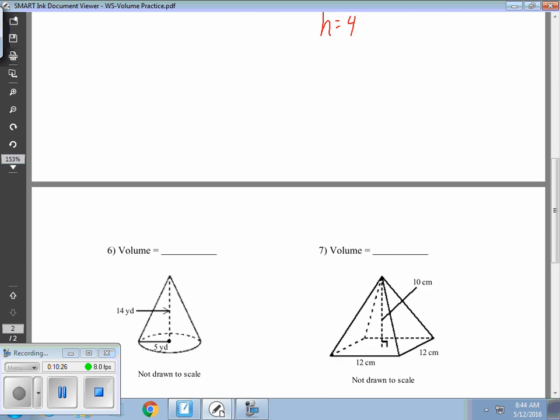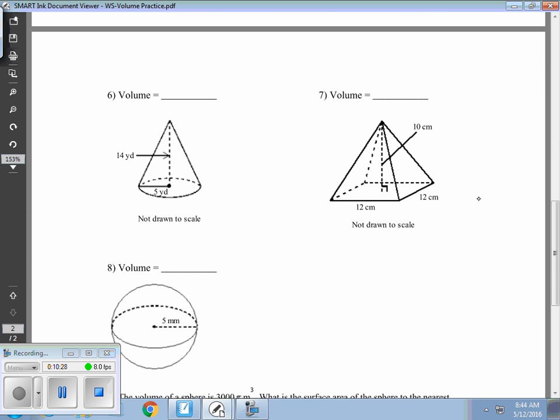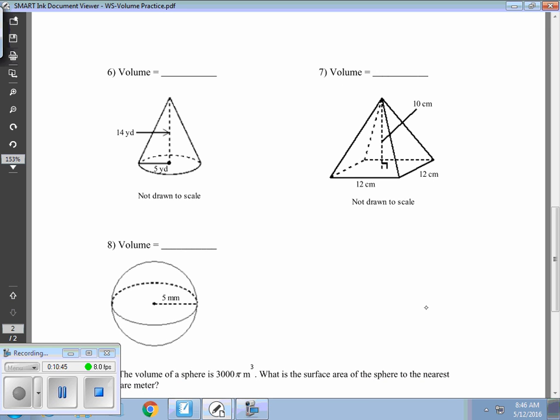But we're going to the next page. We're going to the back. Divide by 2. Alright, so on the back, we're going to do the volume of a cone. This has a different formula, okay? On the front, we did prisms.